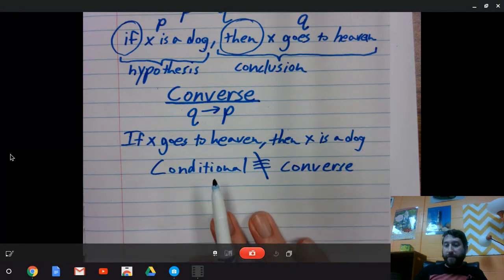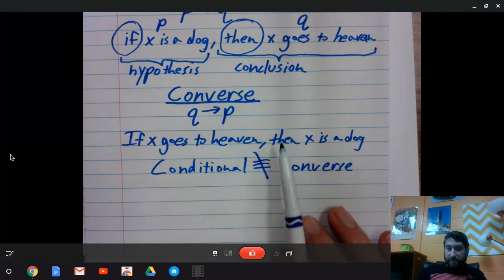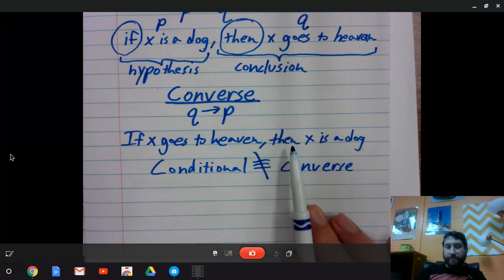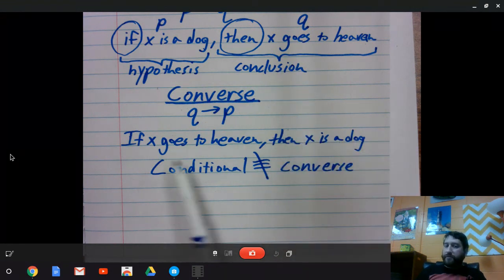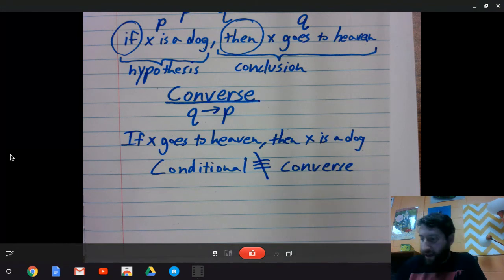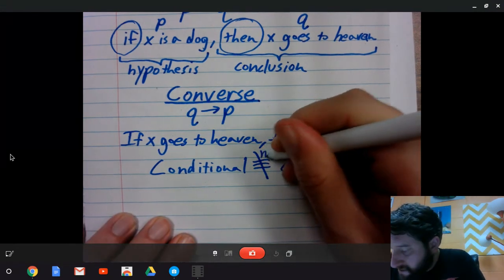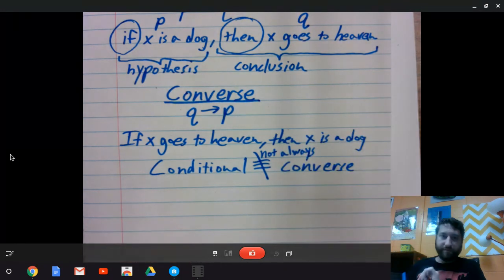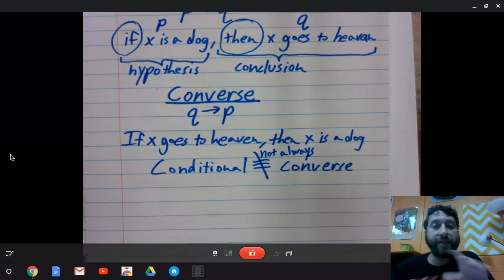There are cases where if this is true, this is also true as well, where both of these things are true. All right, there's a special case for that. But don't just assume that the conditional is always logically equivalent to the converse. Okay, I'm going to say not always. All right, so that's the converse.